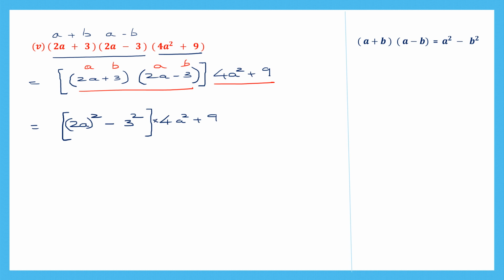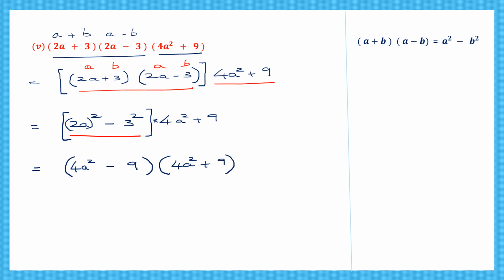So now let's work out what is given here inside this. So that is (2a) square means 2 2's are 4, a into a is a square, minus 3 square means 3 into 3, that is 9. So we have 4a square minus 9, and the other one is 4a square plus 9.